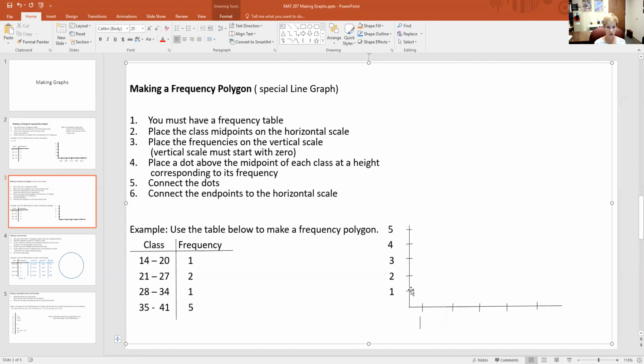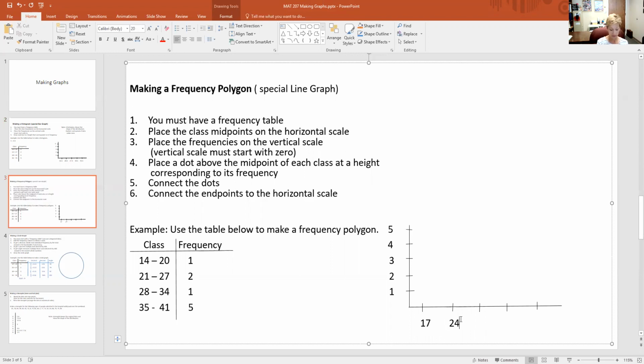So if I add 14 and 20 with my calculator, I better get 34. When I divide that by 2, I get 17. So right here, I have a 17. How do I get the next one? Well, I have to add 21 and 27, and I get 48. When I divide that by 2, I get 24.